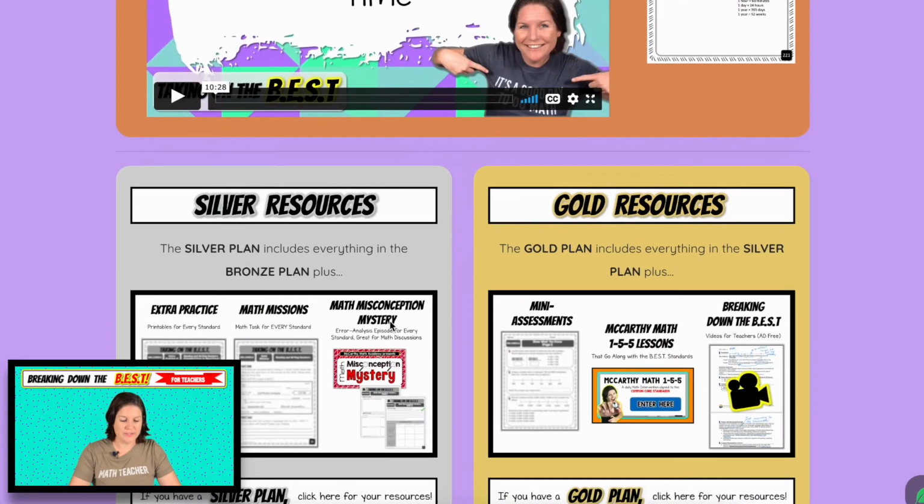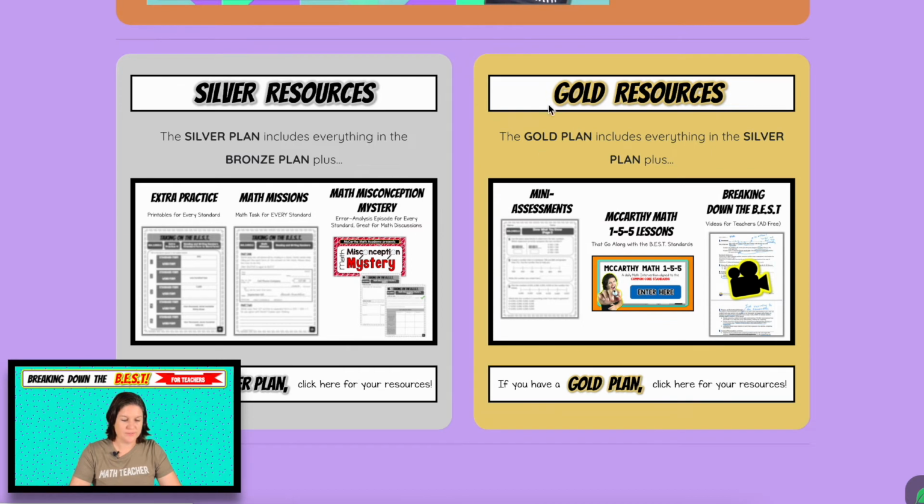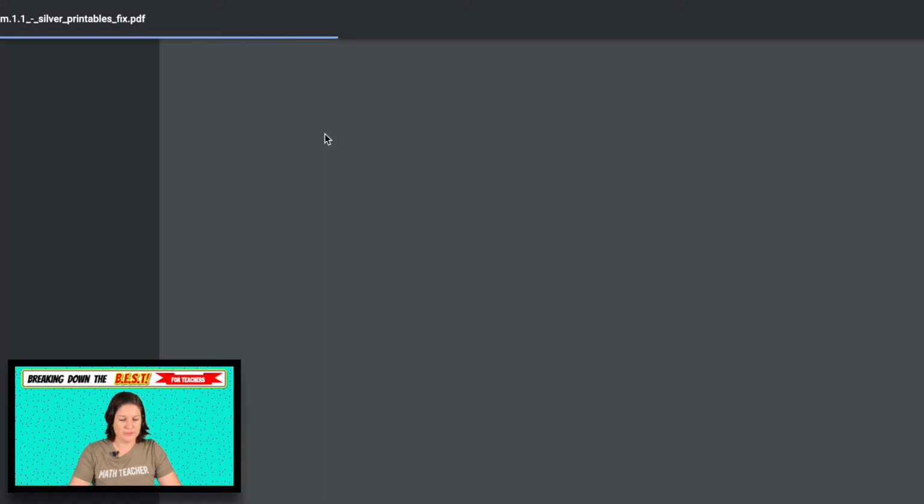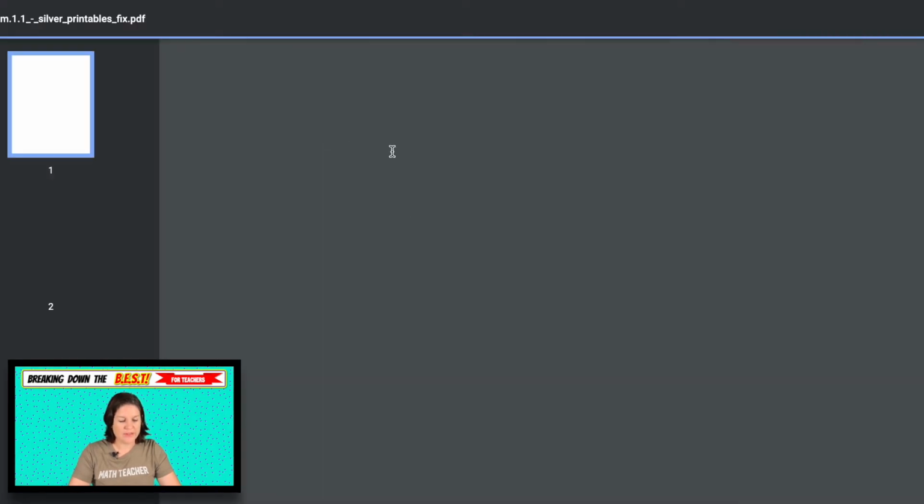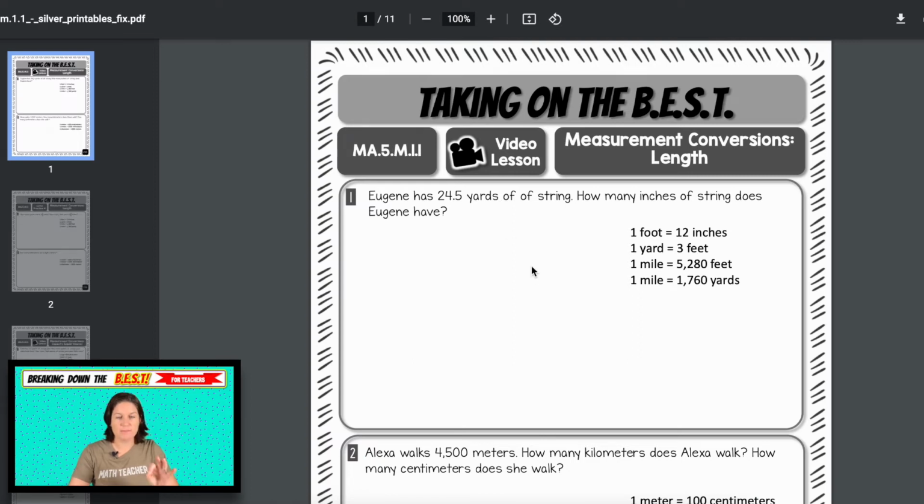What I'm going to do though is click on these silver resources and printables. I do want to point out that the video lessons are targeting the measurement conversions aspect of this standard. And then there are a few resources that you have access to, which combine it into more of a real world problem sense.